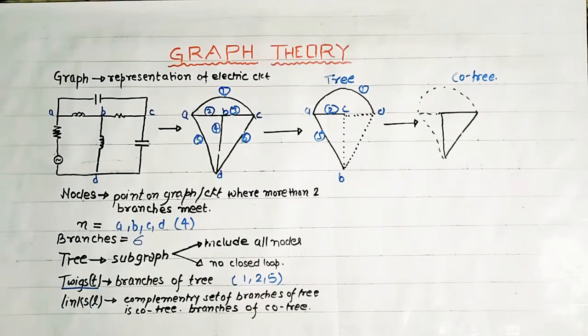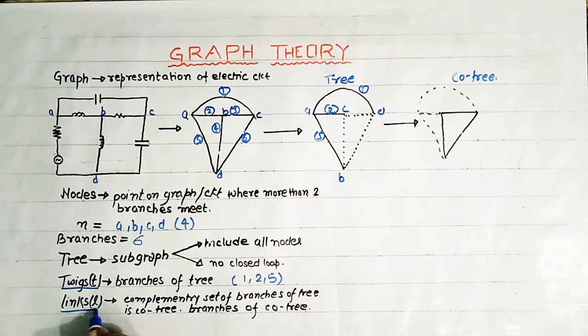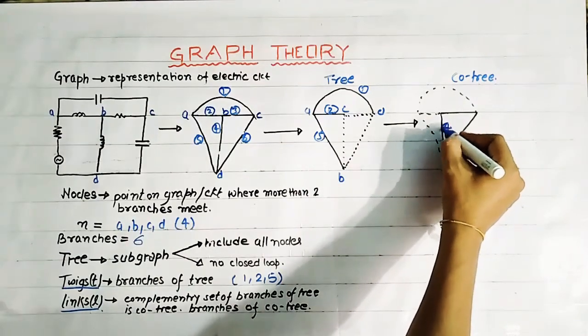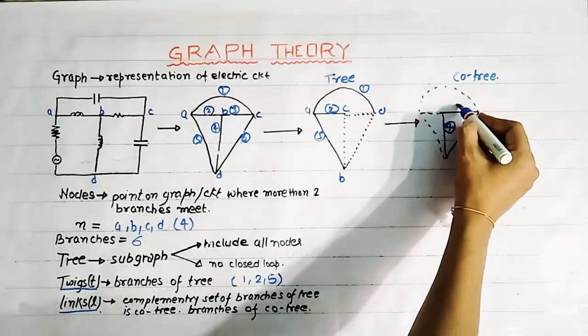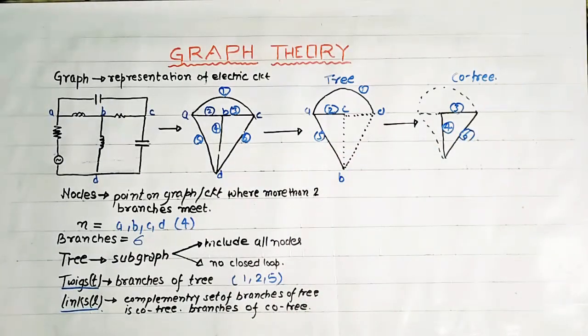So the branches of this co-tree are called links. So these are the links. What are links? This is 4, this is 3 and this is 6. 3, 4 and 6 are the links of the graph.